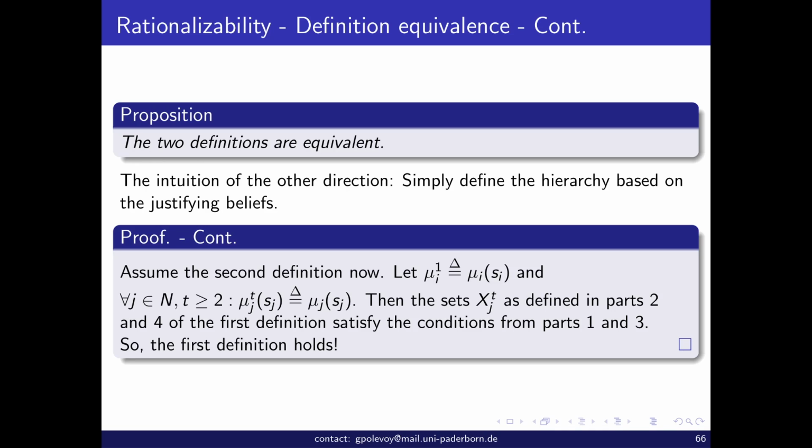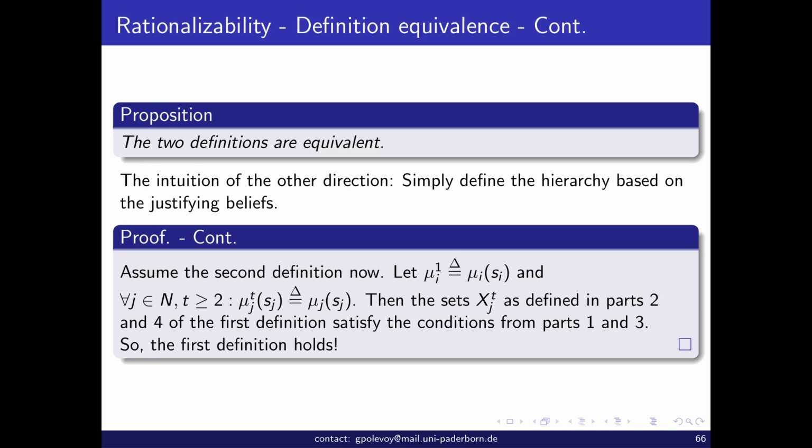Now, the other direction: we begin with the second definition, we assume it, and then we need to construct all these hierarchies. So we define the hierarchy based on the justifying belief which we are given in the second definition.